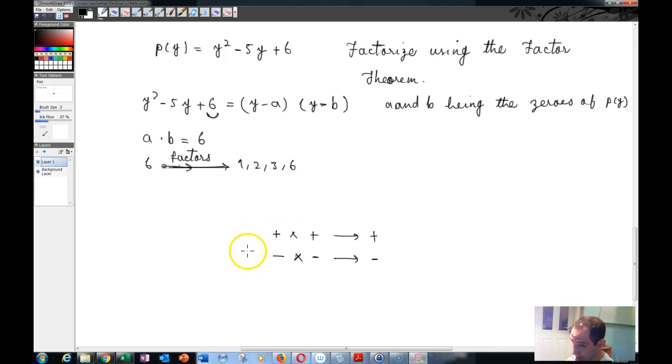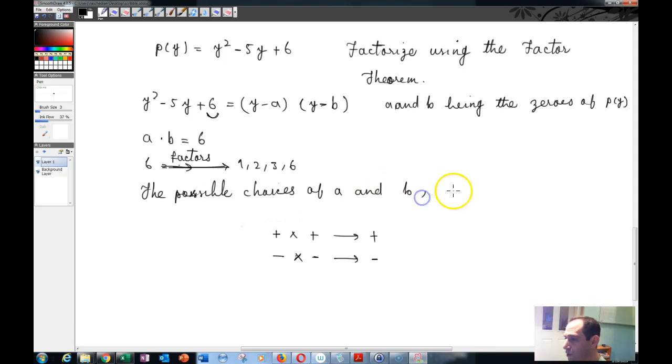That means you should take both positive and negative values for the different choices of a and b. So the possible choices of a and b would be plus or minus 1, plus or minus 2, plus or minus 3, and plus or minus 6.